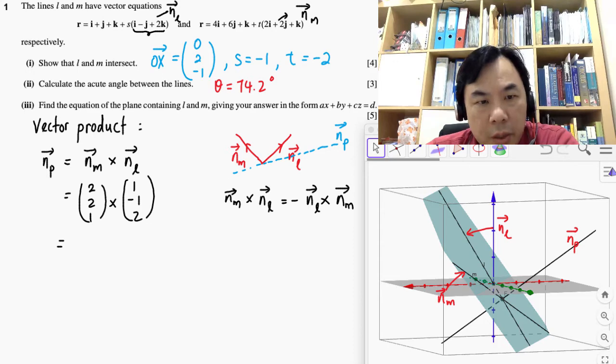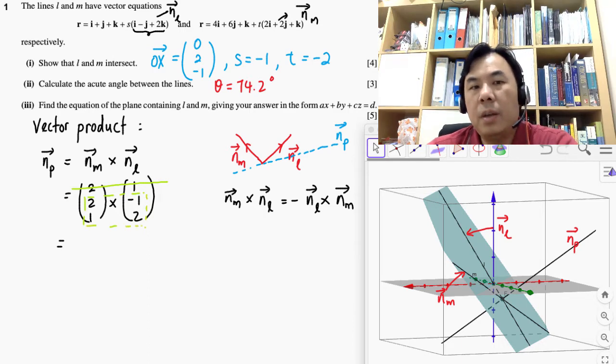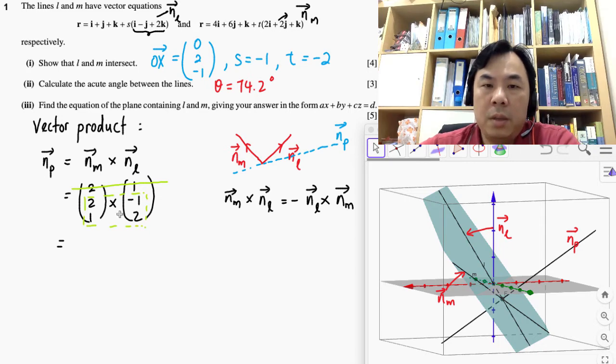I would cross out this row, not looking at it. What you are looking at right now are these four elements here.